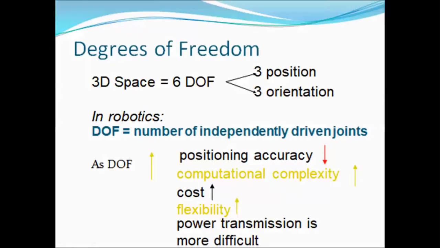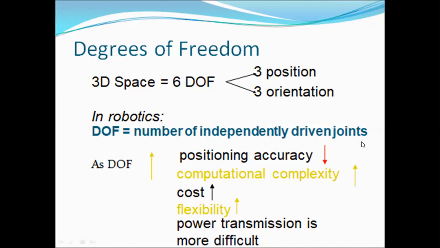So as we know, in 3D space the degree of freedom is equal to 6. Three are counted for the position, and three for the proper orientation of the body at the target points. In robotics, the degrees of freedom are the number of independently driven joints.